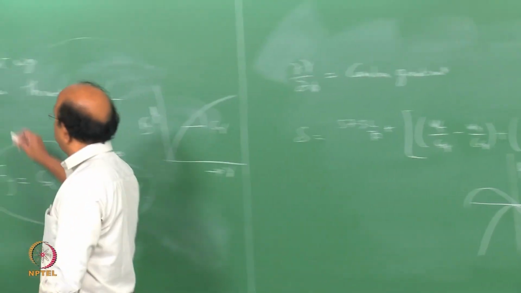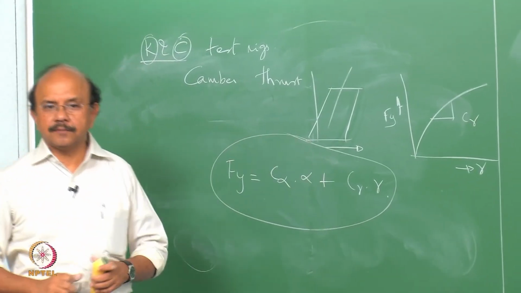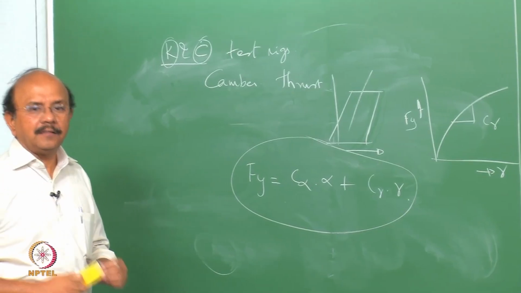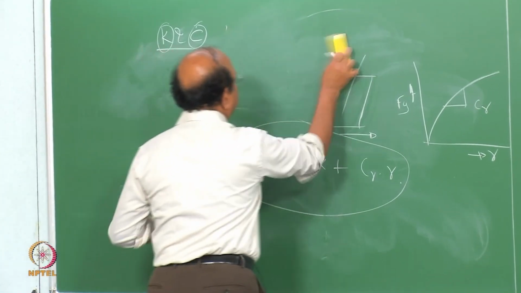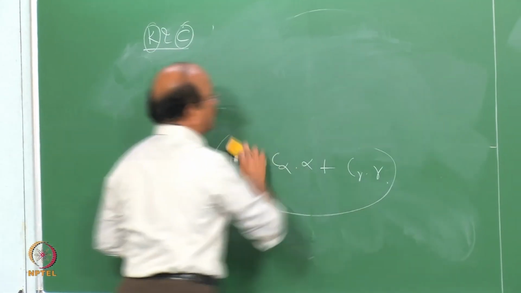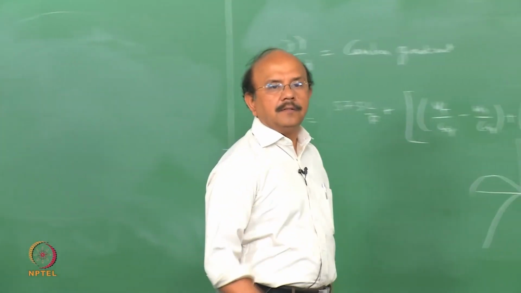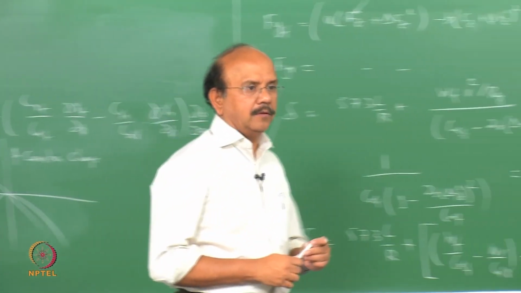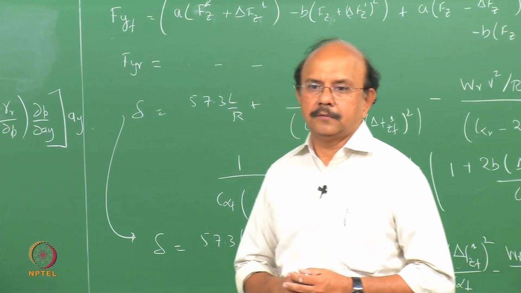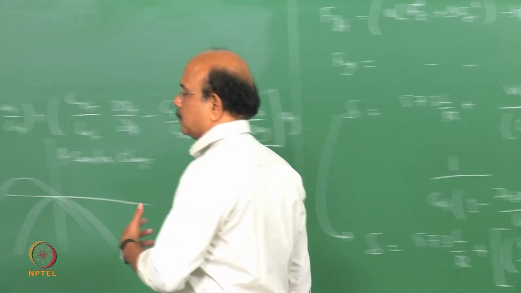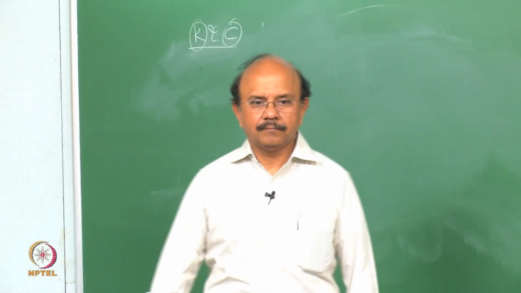As I said, kinematics and compliance. We had looked at kinematic changes. There are other effects due to compliance. What is this compliance of the suspension system? The compliance comes from the rubber bushings, or things which are going to deform, introduced for various purposes to isolate vibrations and so on in the suspension system.